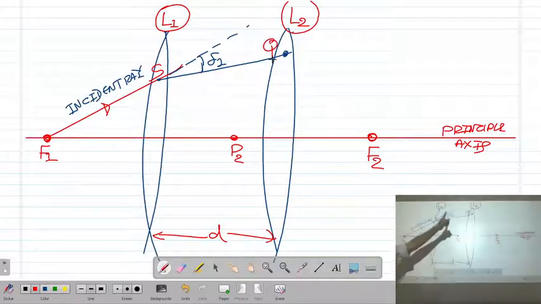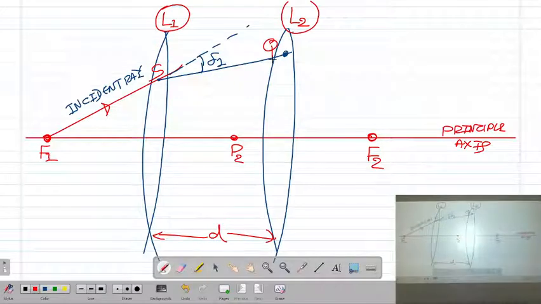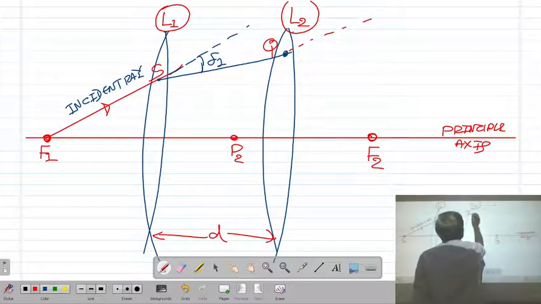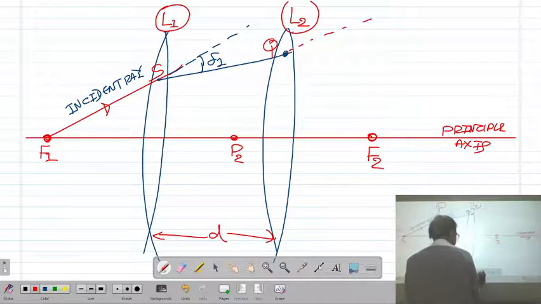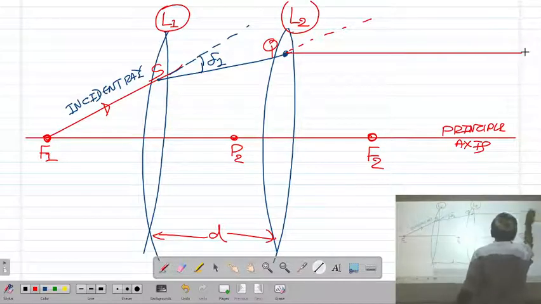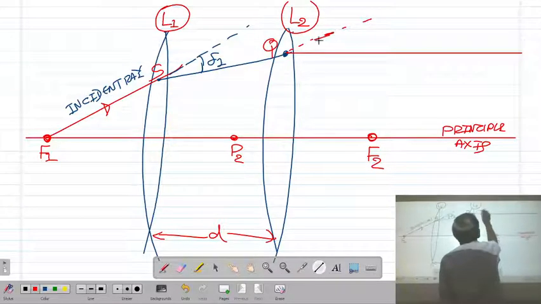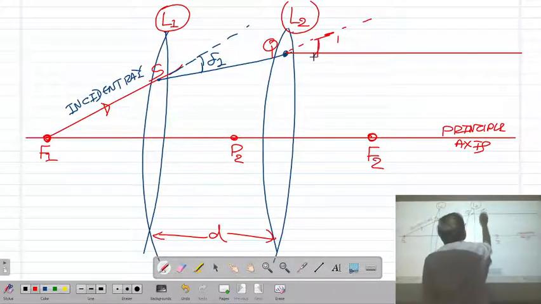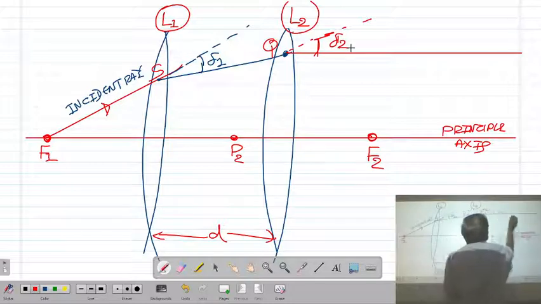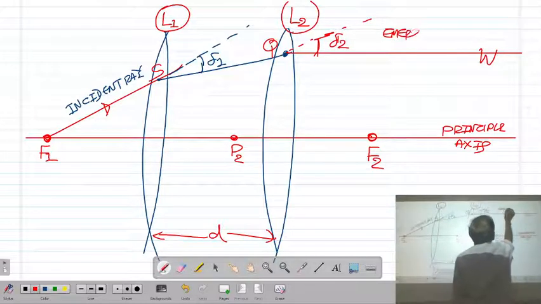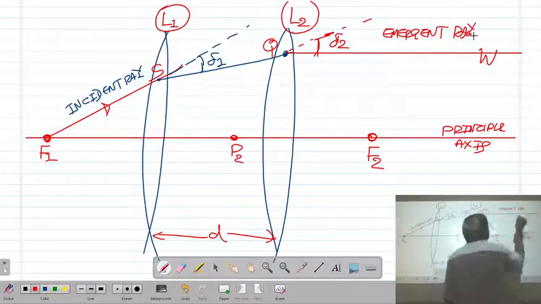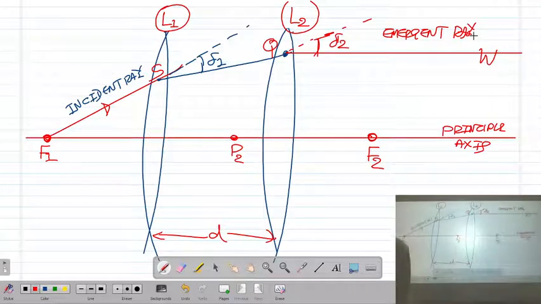Now at point Q, it again undergoes refraction, and instead of going straight, it will be deviated by delta 2 and traverse parallel to the axis. So QW is the emergent ray.